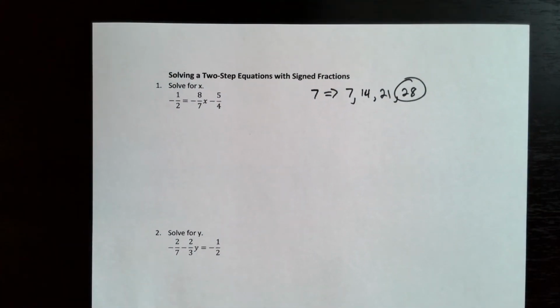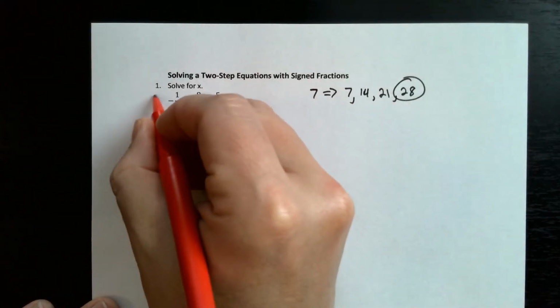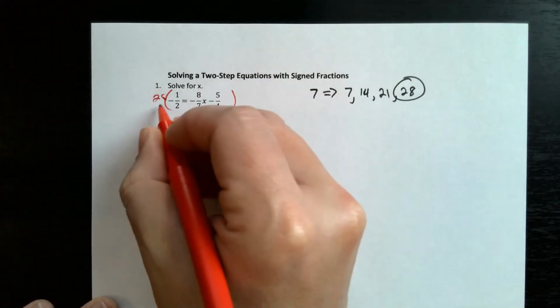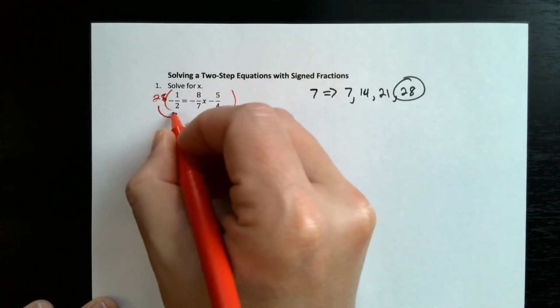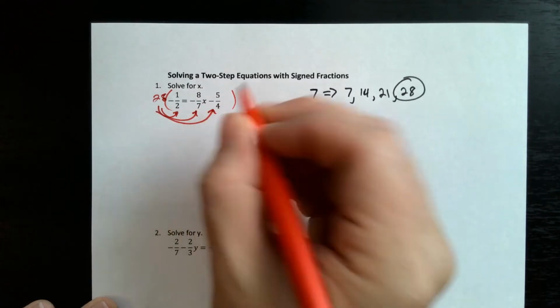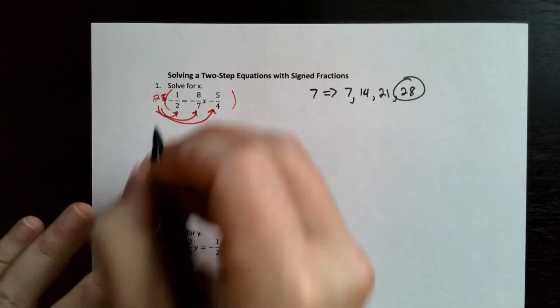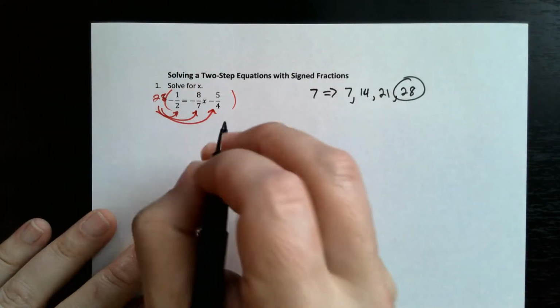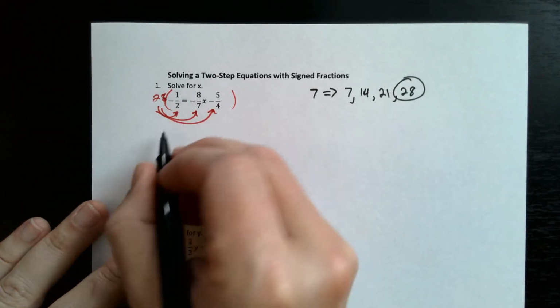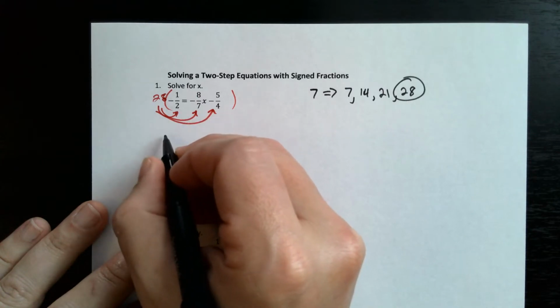So let's multiply every one of these by 28. I'll put a 28 here and distribute it to all three of these terms. If I multiply 28 times negative a half, that's going to be 28 over 2, which is 14.